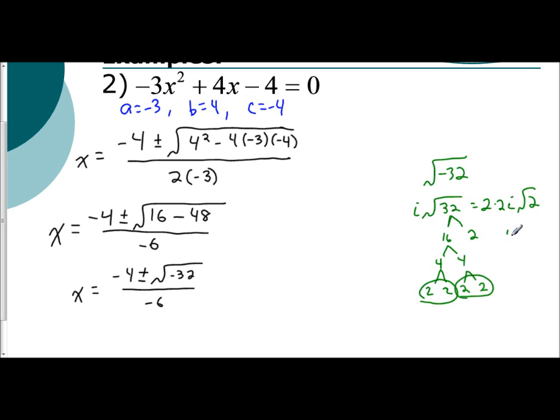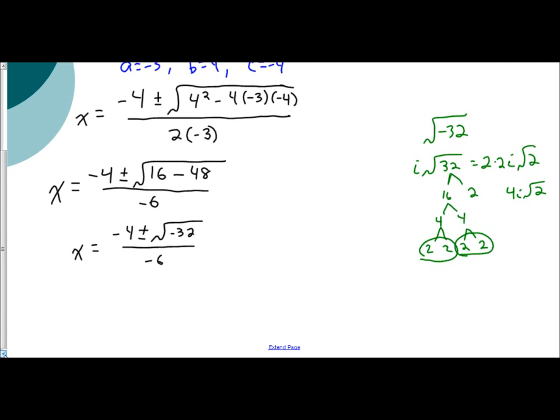So 2 times 2 is 4. So you get 4i radical 2. And so I simplify the square root of negative 32, and I get 4i radical 2. So x equals negative 4 plus or minus 4i radical 2 over negative 6.